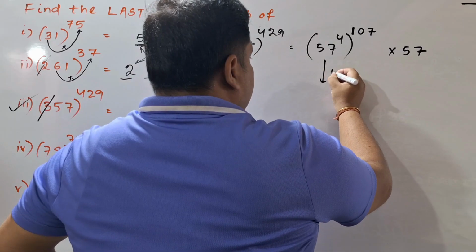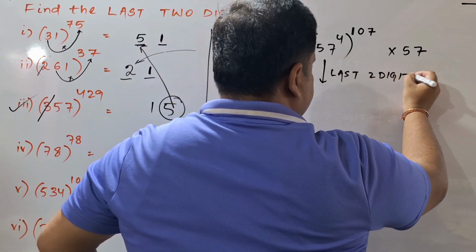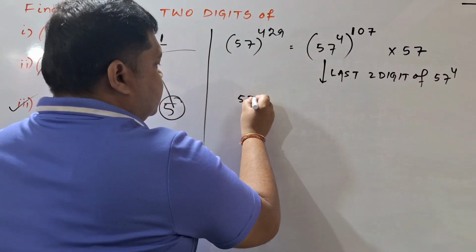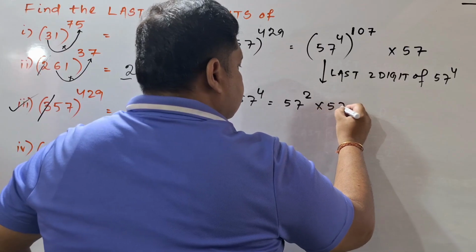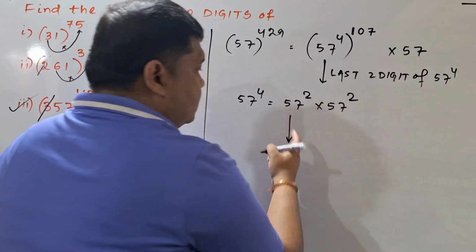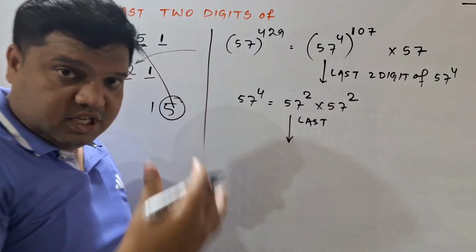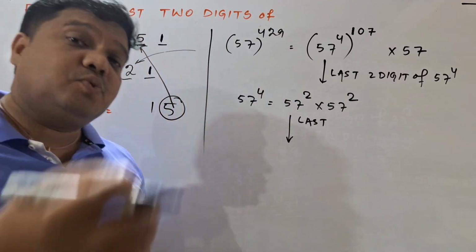Now what are the last two digits here? The last two digits of 57 to the power 4. You know 57 to the power 4 can be written as 57 squared into 57 squared. What are the last two digits of 57 squared? Again I am writing here, but when you do the rough work, no need to write this. Here I am mentioning it so that you can understand.